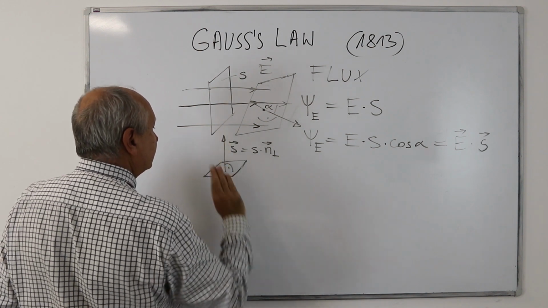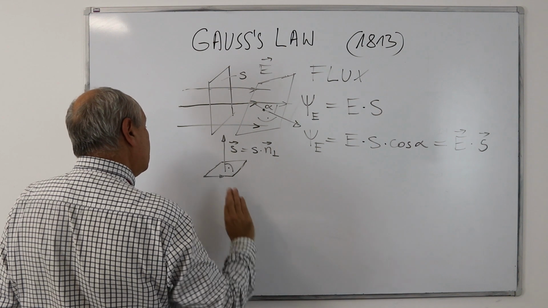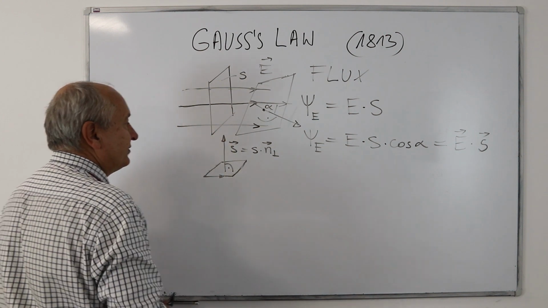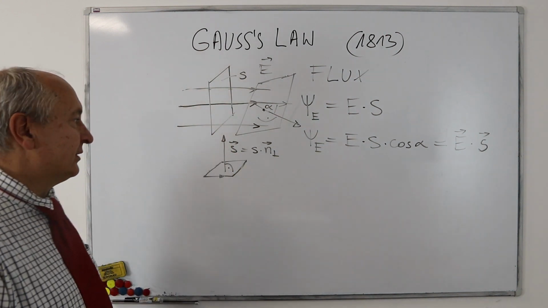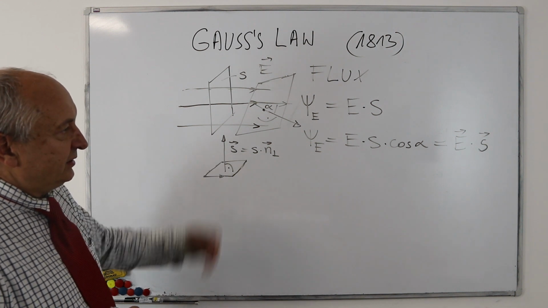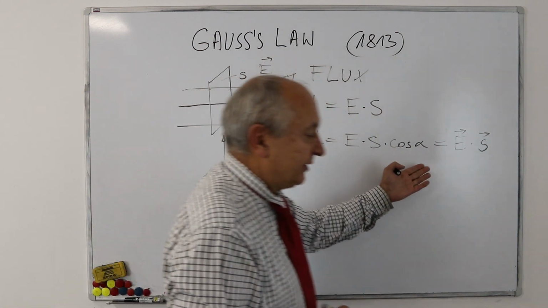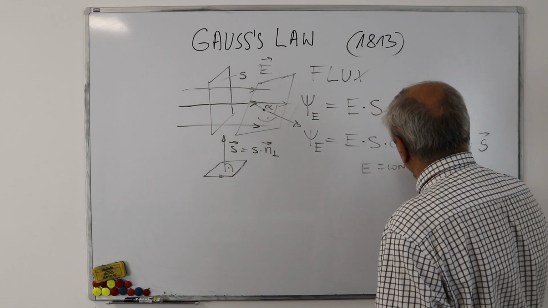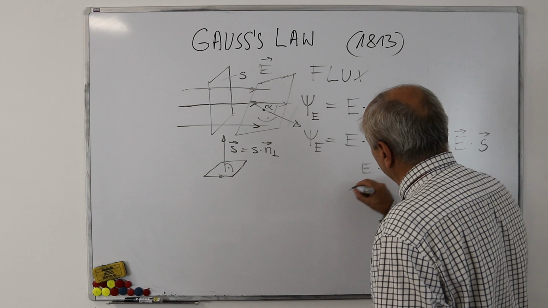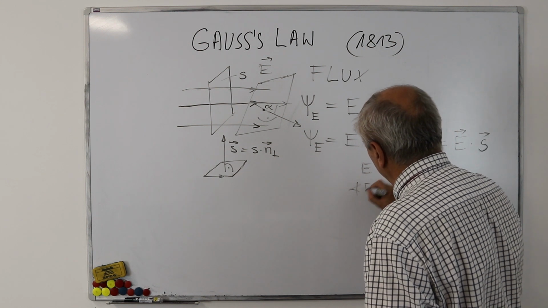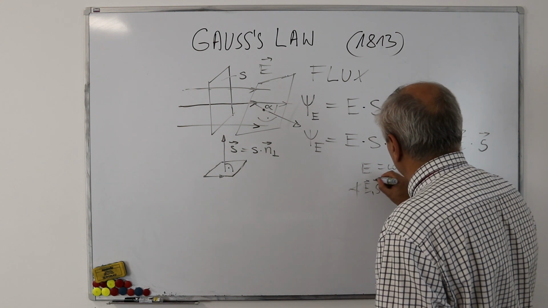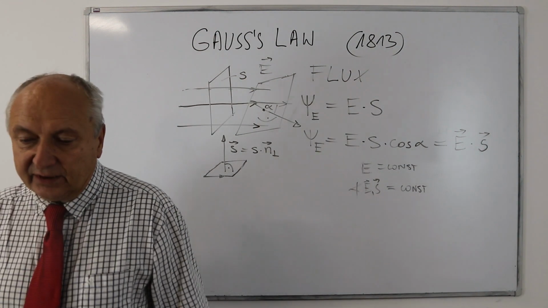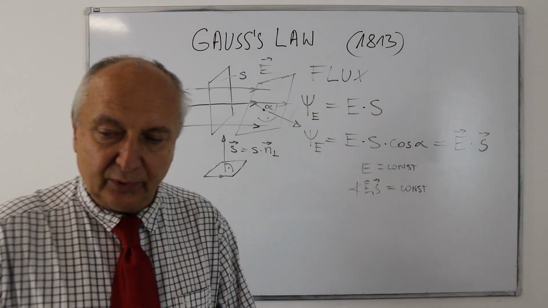So if you have a right-hand screw that goes in this way, this is the direction of surface vector S. This formula we can apply only when E is constant and when the angle between E and S is constant. Only in this case can we apply this simple formula.